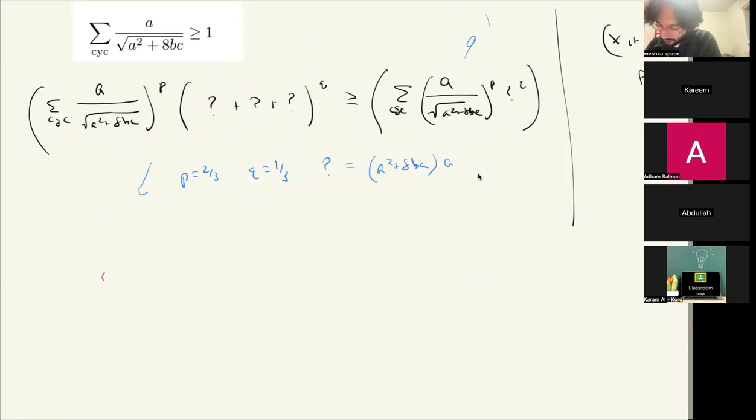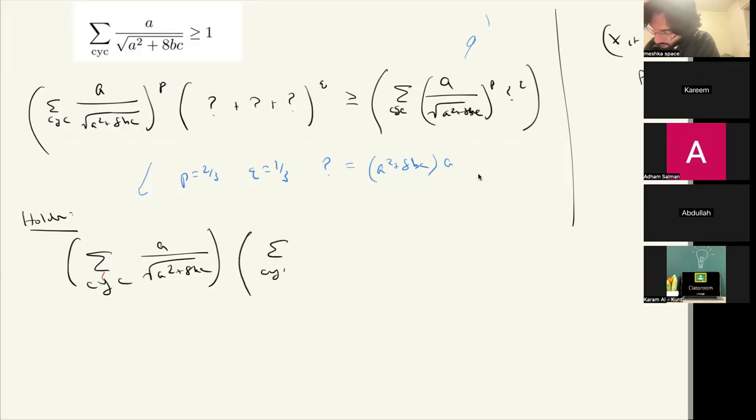Because now what does Holder become? It becomes the cyclic sum of a over the square root of a squared plus 8bc. So here's our bad term. And here we have something not so bad. We'll still have 2/3. We'll have a squared plus 8bc times a. It's not bad.